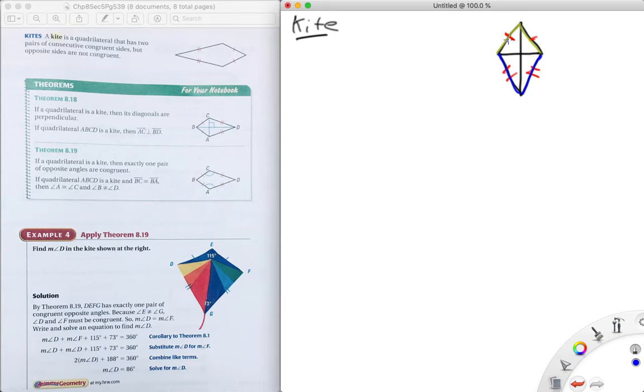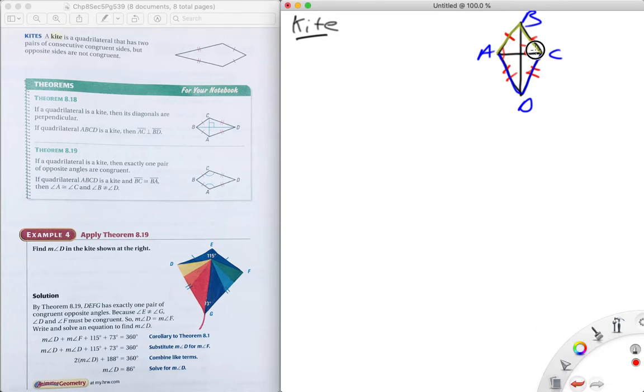So since this side up here touches that side down here, they are consecutive. AB touches BC, they're consecutive, they're congruent. AD touches DC, they're consecutive, they're congruent. And the guys that are opposite of each other, the angles are congruent.